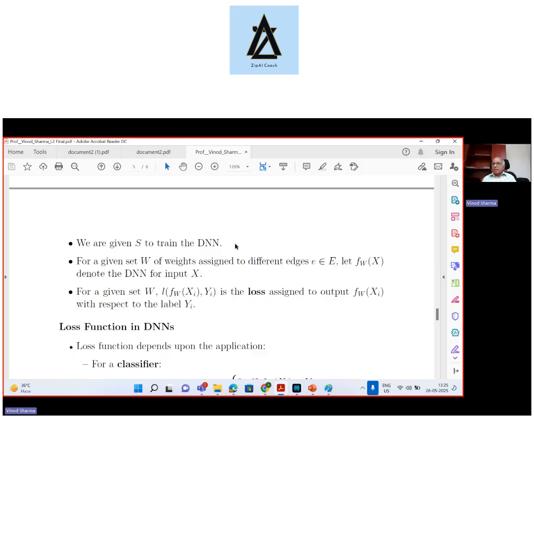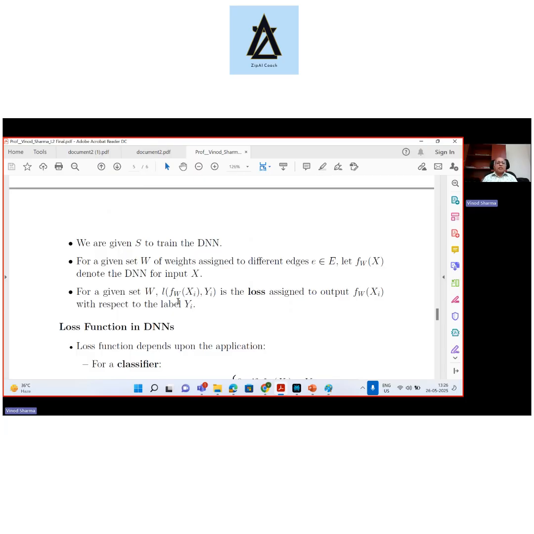We are given the sample S, x1, y1 to xn, yn, to train the deep neural network. For that, we have to obtain the appropriate set of weights. Given a set of weights W, fW represents a mapping from the input xi to the output yi.